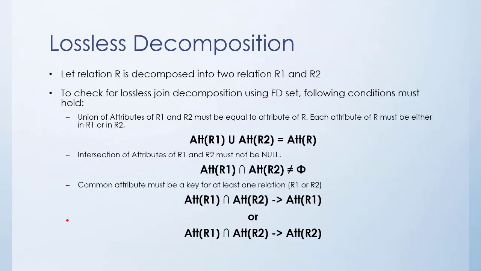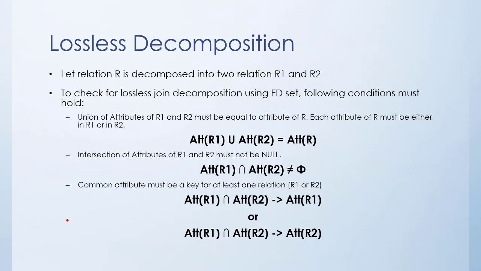In case of binary decomposition, if a relation R is decomposed into R1 and R2, to check for lossless decomposition using the functional dependency set, the following conditions must be true. There are three conditions.